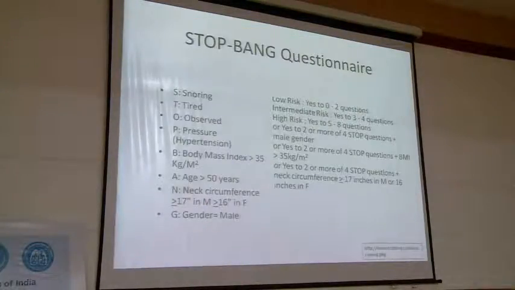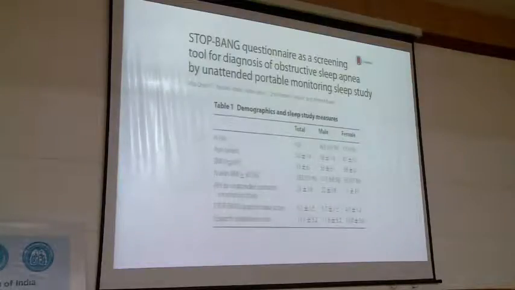Then another is the STOP-Bang questionnaire. It reveals whether the patient has snoring, tiredness, observed apnea, then pressure changes, body mass index, age, neck circumference, and gender. So according to the STOP-Bang questionnaire you can calculate the risk, and you can plan how much chance the patient has of having sleep apnea.